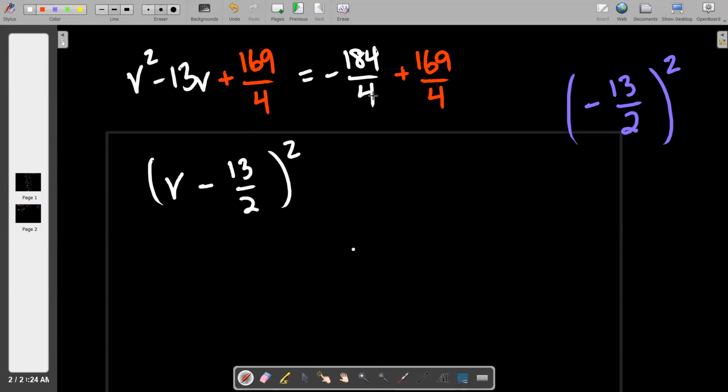You see it's basic math: since the negative number is bigger than the positive number, when I add these, I'm going to get a negative. What is negative 184 plus 169? Nice. So my answer to this addition problem is negative 15 fourths.